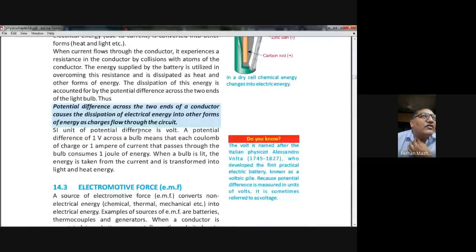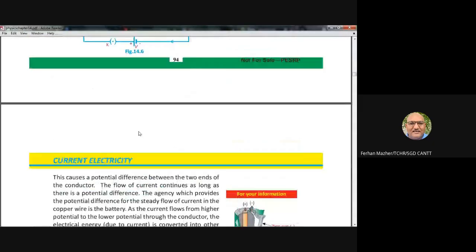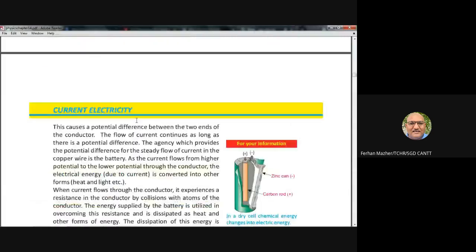Now we come to a term I use here, we call it the potential difference. Try to understand that.